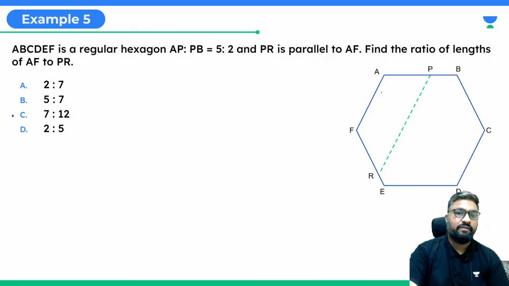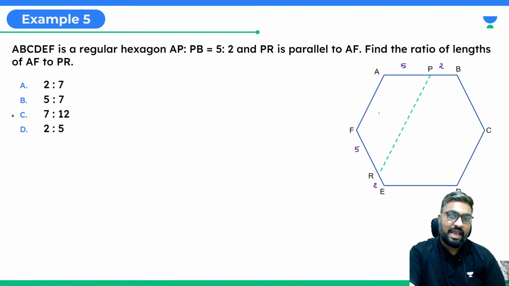Look at this. They have given a regular hexagon. This is a regular hexagon, right? They're saying this line PR is parallel to AF. And they're saying AP is 5 parts, PB is 2 parts. Since this is parallel and also because this is a regular hexagon, this side will also be 5:2. Yes.